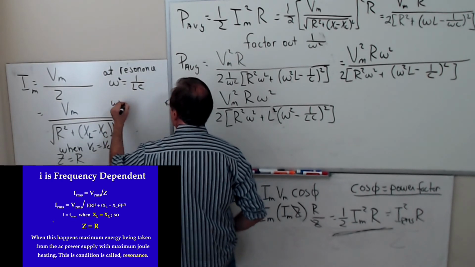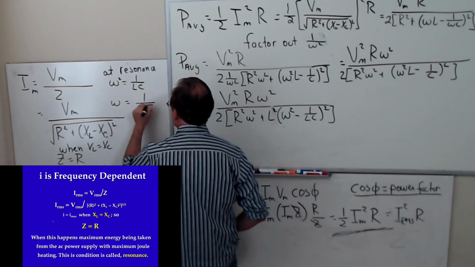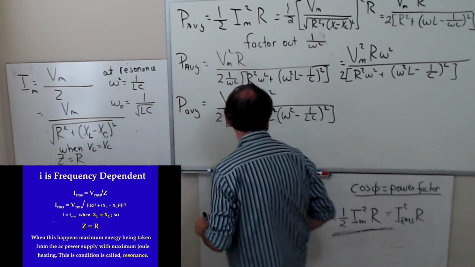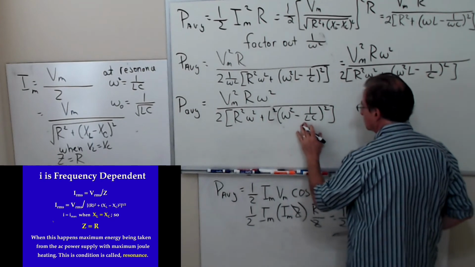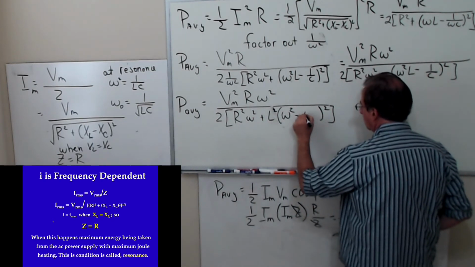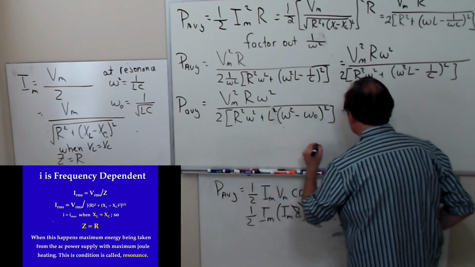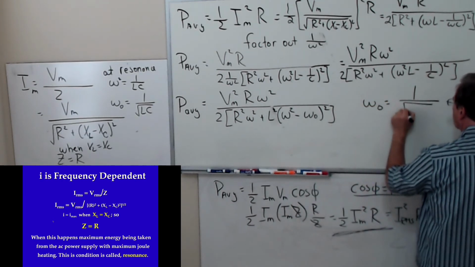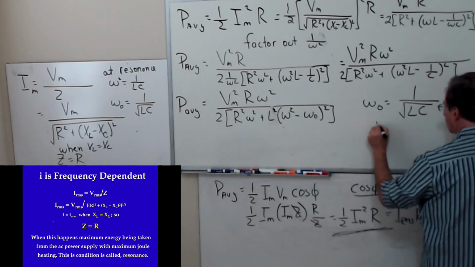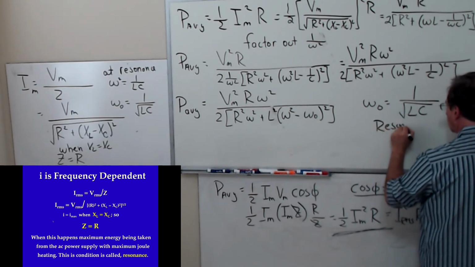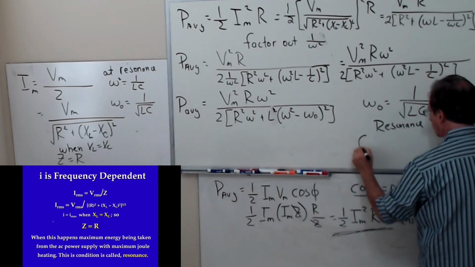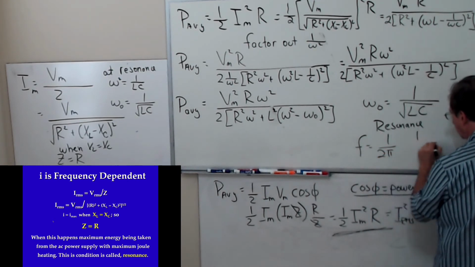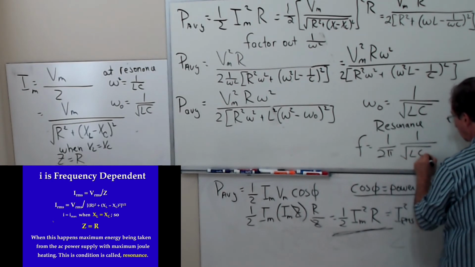So that means omega is equal to 1 over the square root of LC. And I'm going to call this omega naught. So I'm going to replace this with omega naught. The frequency then is 1 over 2 pi times 1 over the square root of LC.